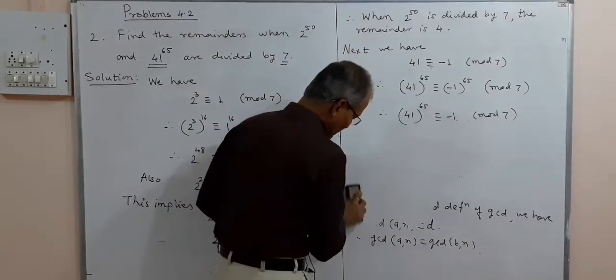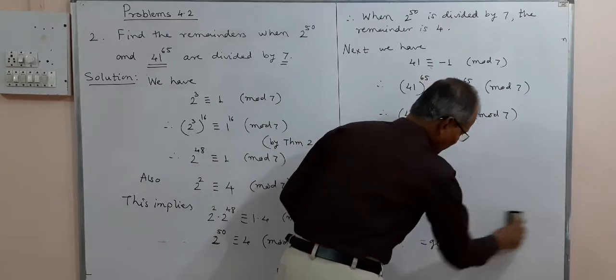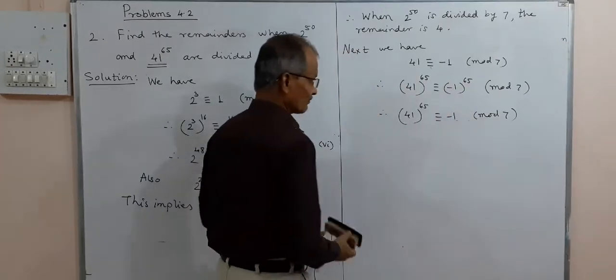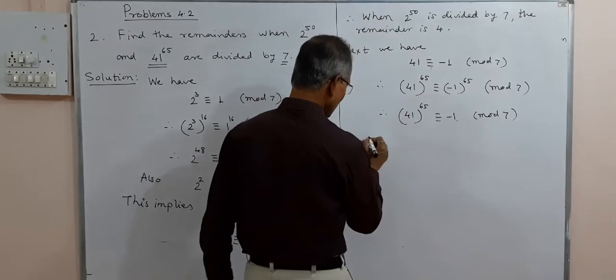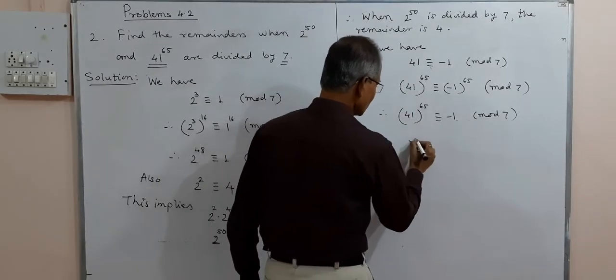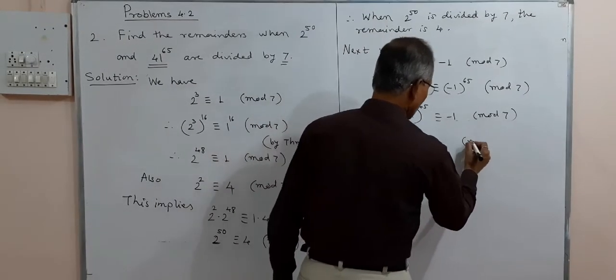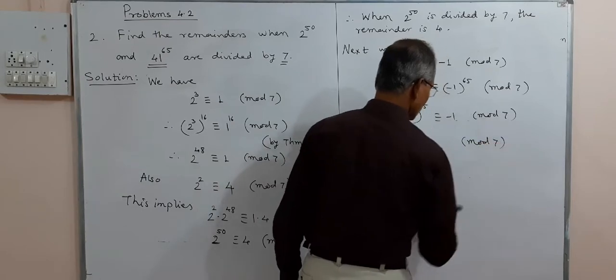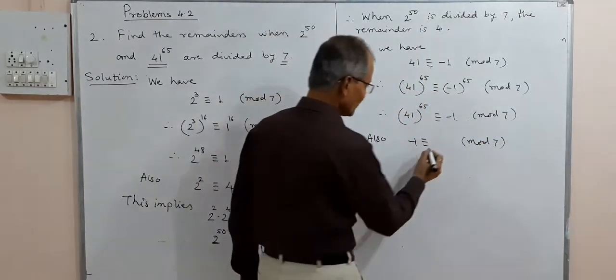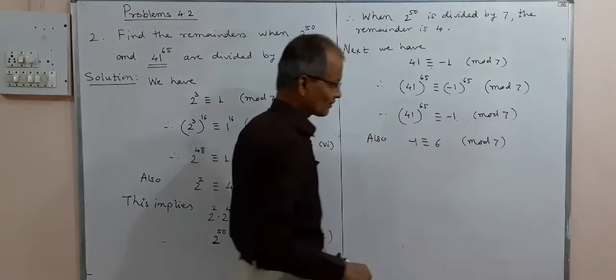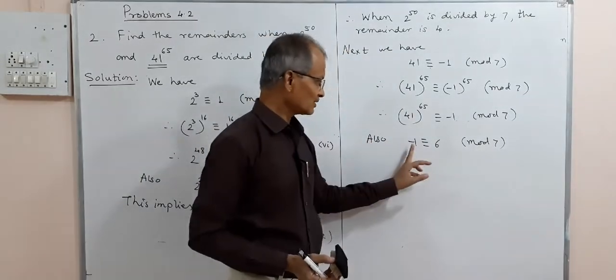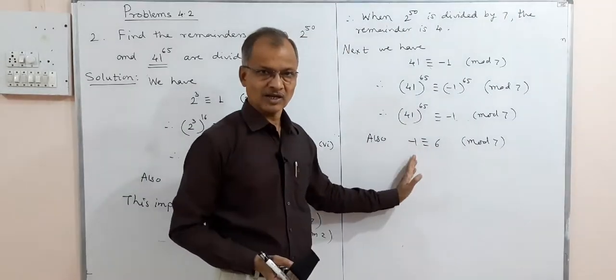So minus 1 is congruent to which positive number under modulo 7? Now we can see this is congruent to 6, because 7 divides minus 1 minus 6, that is minus 7.